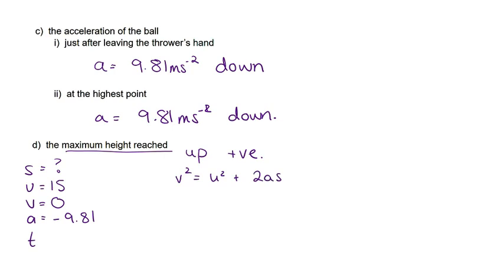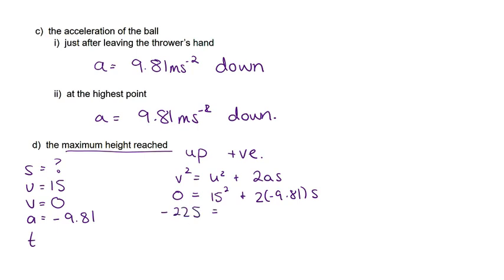And now we substitute into that formula. So we get 0 squared, which is 0, equals 15 squared plus 2 lots of negative 9.81 s. Okay, so I'm going to move 15 squared to the other side, which makes it negative, and 15 squared is equal to 225.